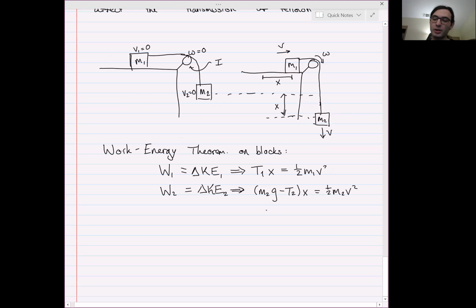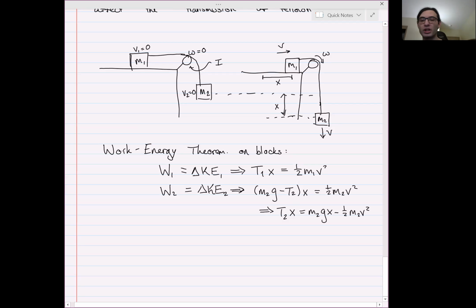And so what we can obtain from that equation is that, rearranging, T2 times x is m2 g x minus 1/2 m2 v squared.